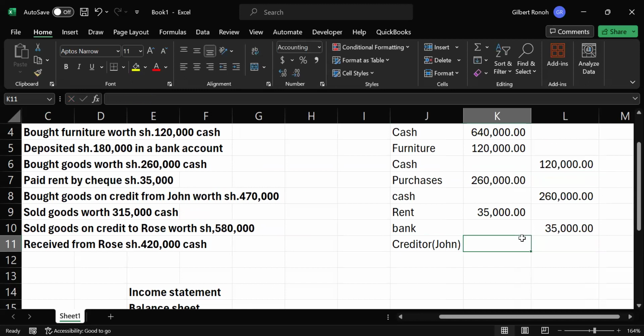These are a liability to Spice company. They have not paid. So if it is a liability, you should credit because liability increases. So once liability increases, you credit.